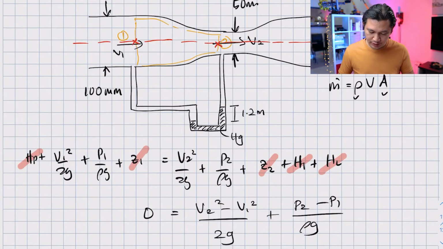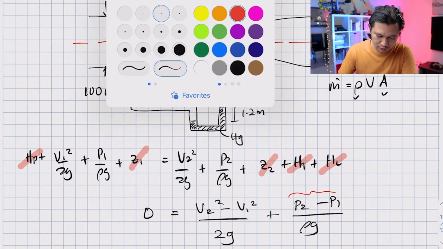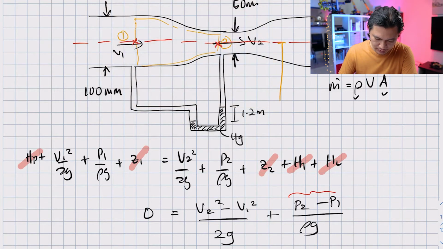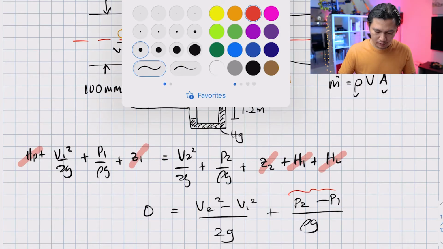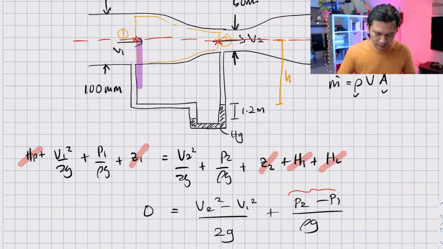Now, when we are left with this equation, I believe that with the help of the manometer, we can actually find what is P2 minus P1. And if I label this as H, for example, what I will do is that I'm going to move from point 1, go down, and then go up and up again to find the pressure at point 2.